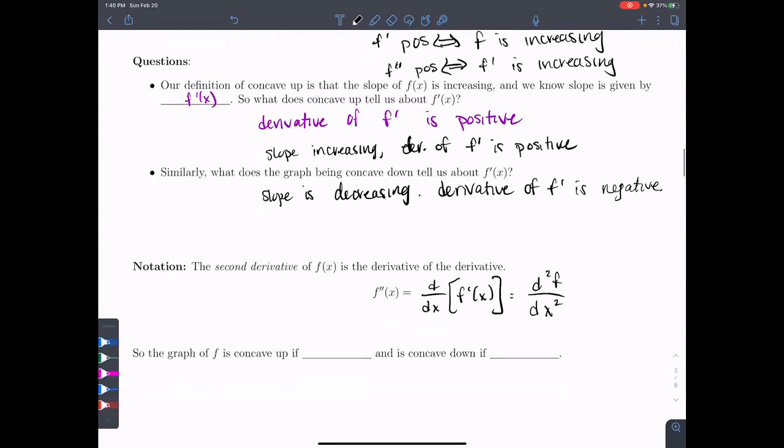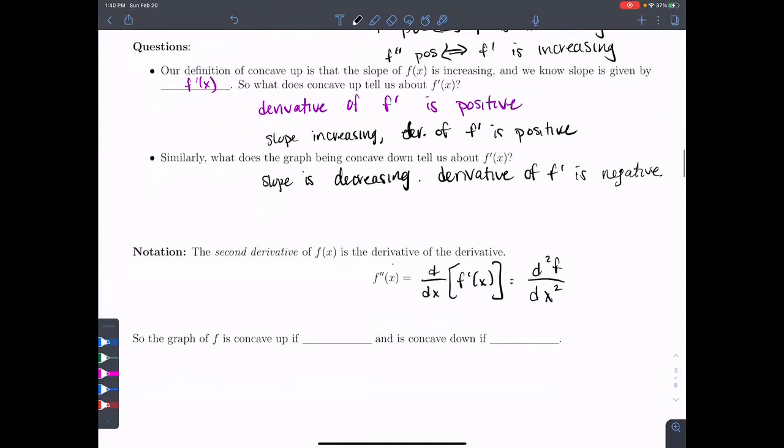This would be more important in a Cal 2, Cal 3 class, but for us this is pretty good. So the graph of f is concave up if f double prime is positive. It is concave down if f double prime is negative.